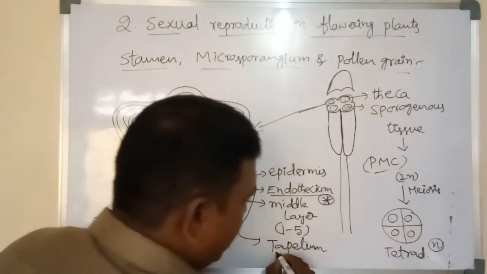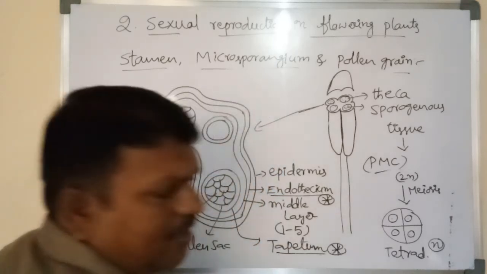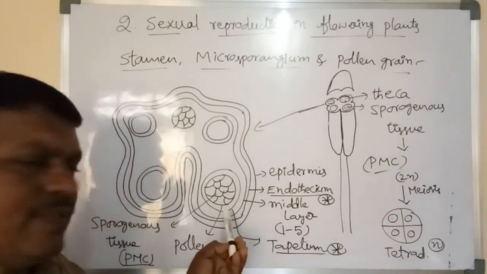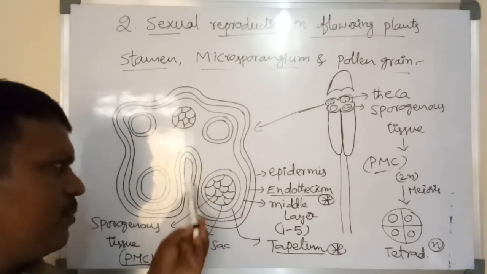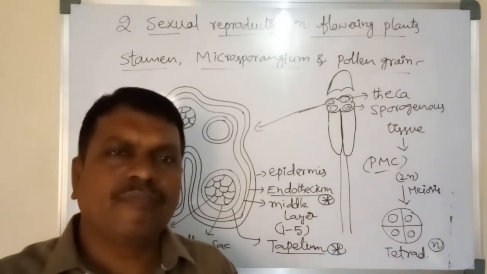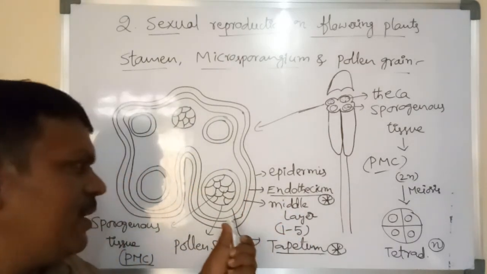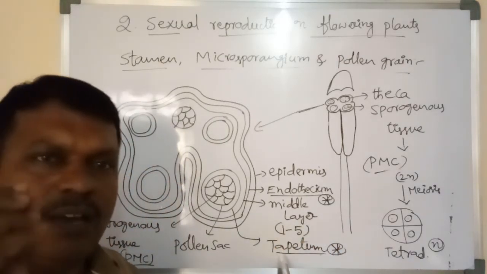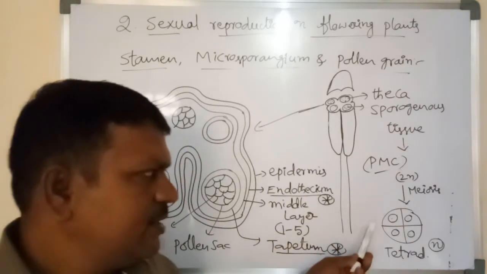Below middle layer, next layer is called tapetum. It is a very important layer. Young minds, listen carefully. Tapetum, an important layer, is the innermost layer of the anther, which encloses the pollen sac. In tapetum, all cells are closely packed. Tapetum secretes callose material. See, this is callose.